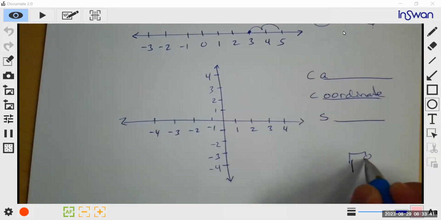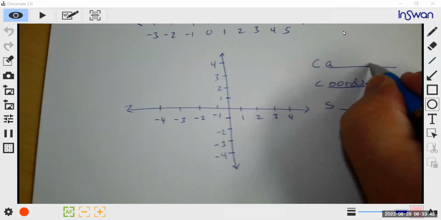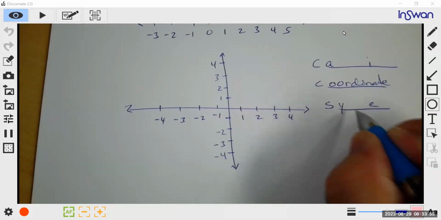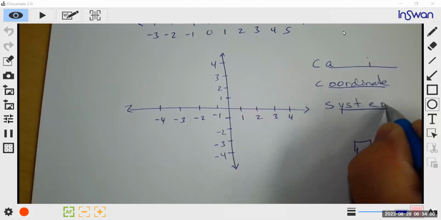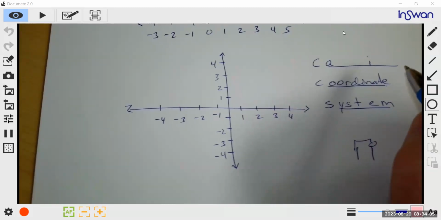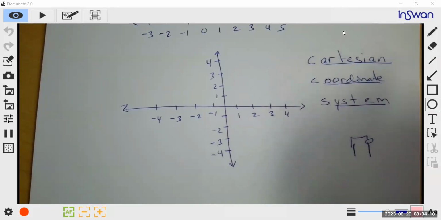The first one is after somebody's name. Cartesian coordinate system. You would never have heard.